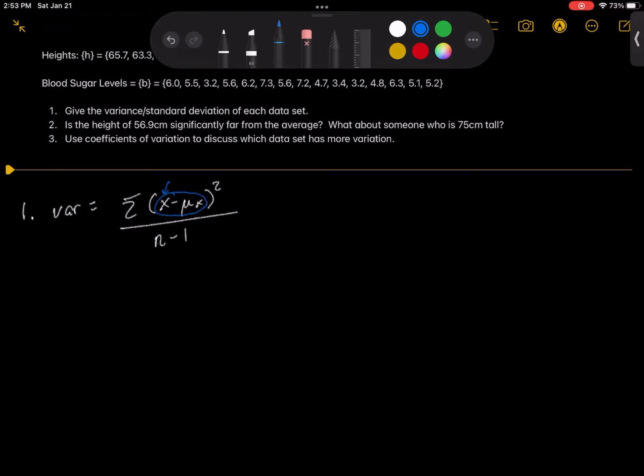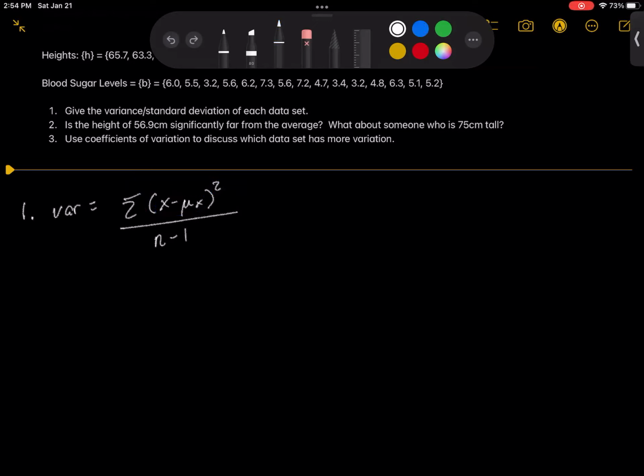I need to find the distance between each data value and the center, and then I need to square that distance. And then finally, once I have my square differences, I will then add up all of those square differences. And then once I do that, I have to divide by n minus 1. So that's the order of operations here.